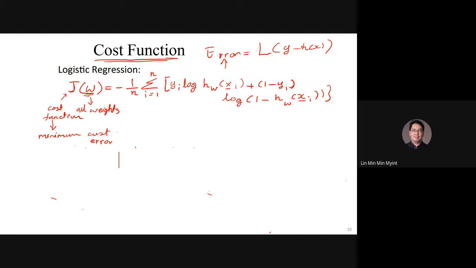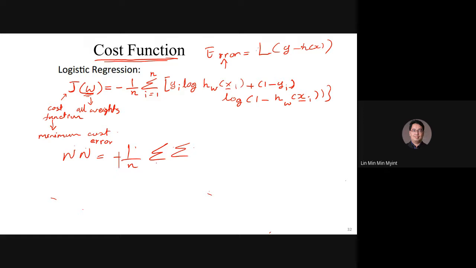For the neural network, we have to consider many of these. So that's why you may have the summation term in here.